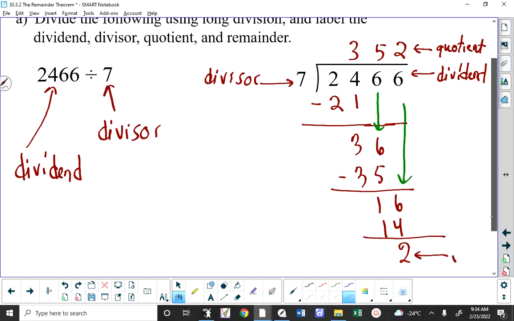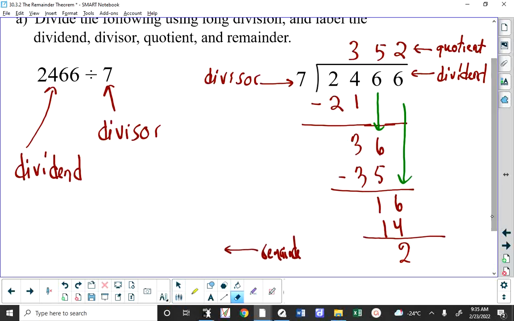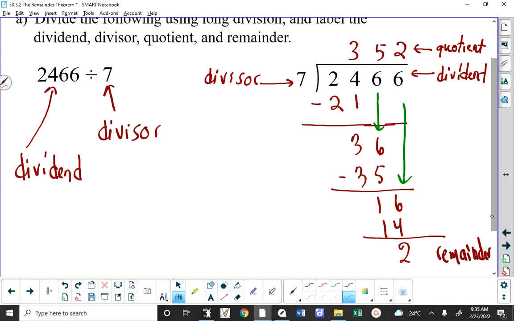And what you're left over with is the remainder. So we've labeled those terms.